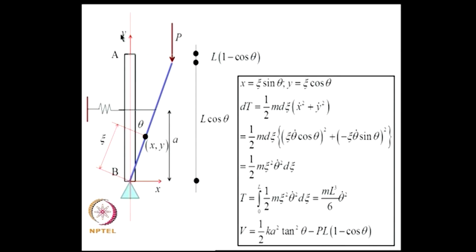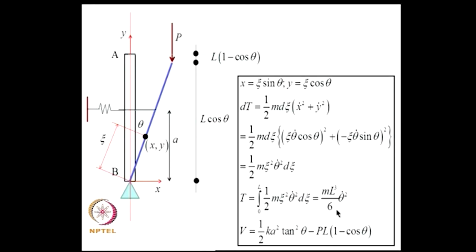Now, dT is the incremental kinetic energy stored in a chunk d xi located at a distance xi. So, this is half m d xi, m is the mass per unit length, times x dot square plus y dot square. For x and y I will substitute this. So, I will get this equation, and the kinetic energy stored in the d xi element is given by this, and for the total I have to integrate from 0 to L and I will get it as m L cube theta dot square over 6.